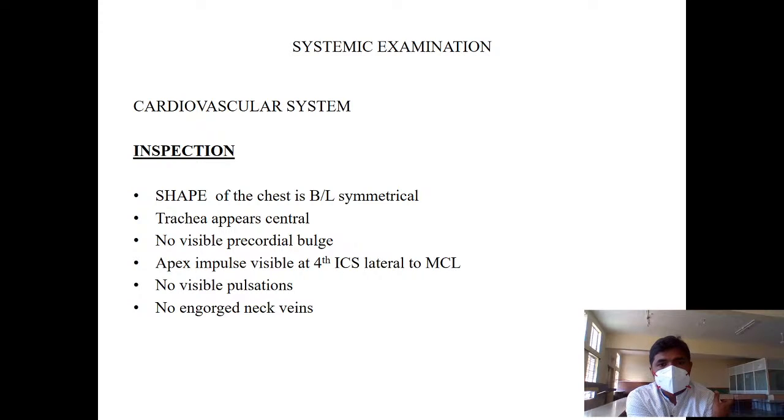It is hard to figure out the apical impulse in such children because there will be multiple pulsations throughout the precordium. So you need to look for pulsations at the sternum as well, then the suprasternum as well, then at the xiphisternum.